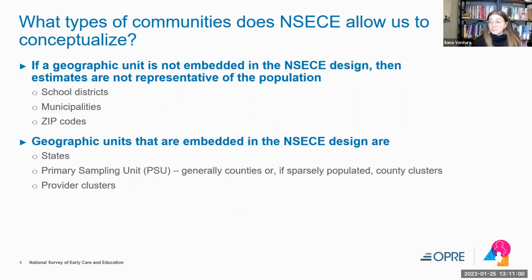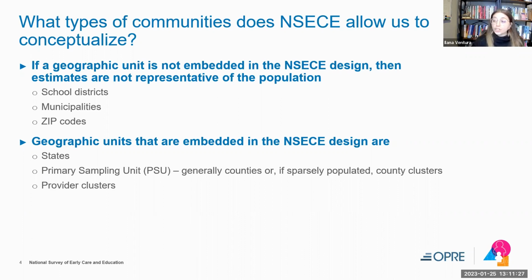So let's jump in. So the NSECE embeds a few important geographic units into its sample design. These are states, primary sampling units, or PSUs as we call them, and provider clusters. PSUs are generally counties, or if in sparsely populated areas, clusters of contiguous counties.